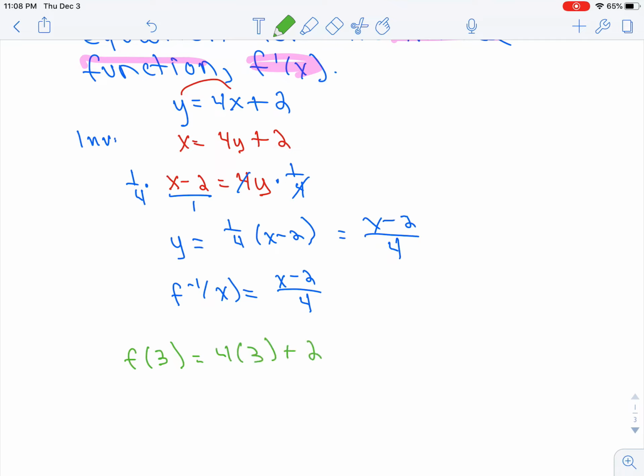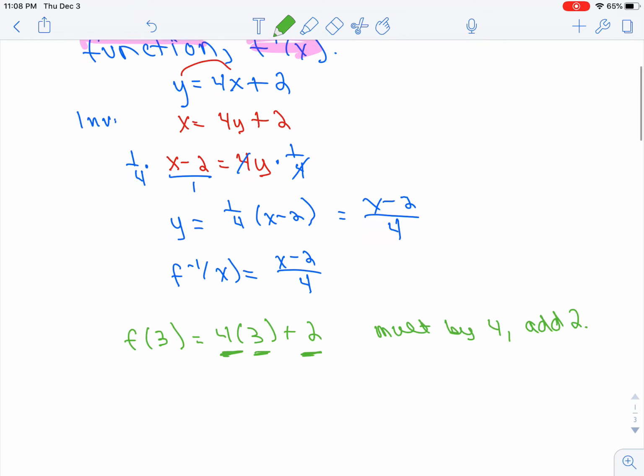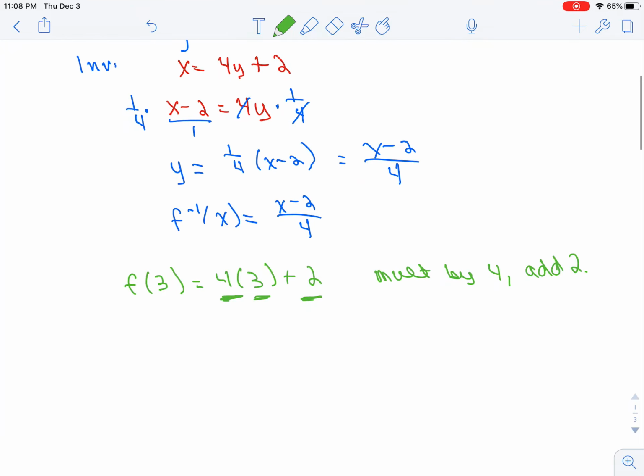And the order of operations is that we take the 3, we first multiply it by 4, and then we add 2. So we multiply by 4, add 2.